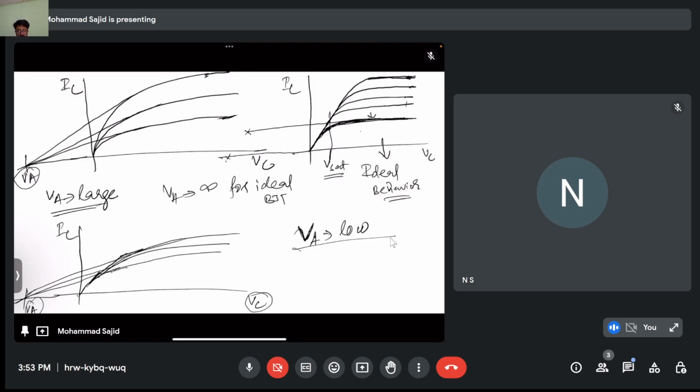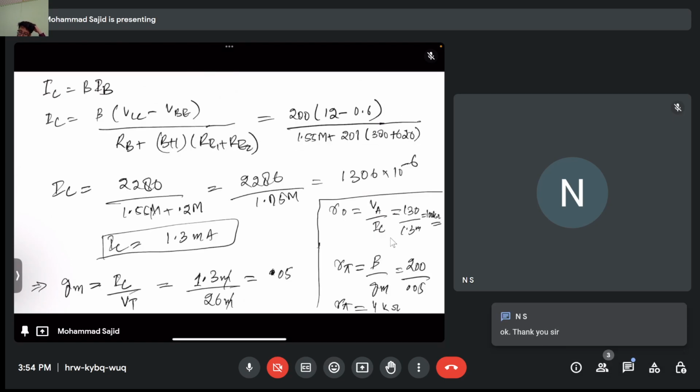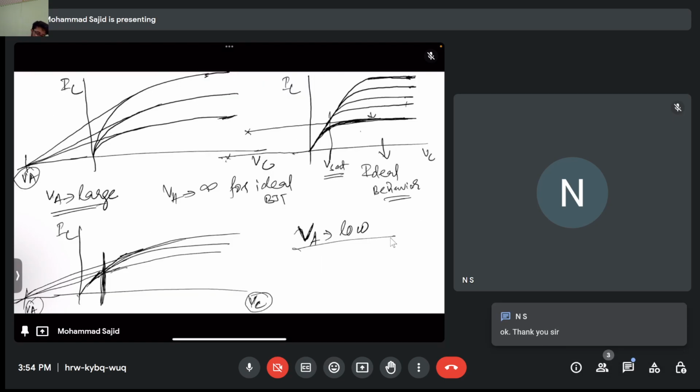So if VA is less, after saturation your current will further increase due to VC. Okay, so this is how VA is applied in BJTs. Now we have calculated all the values. So what do we need to do further? Wait a second.